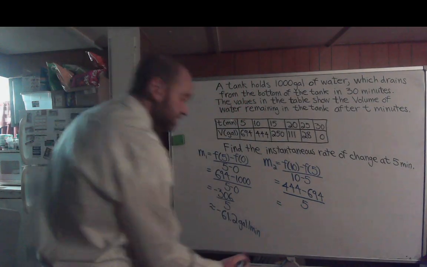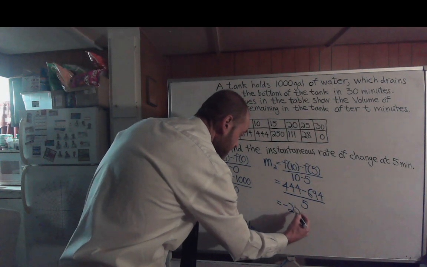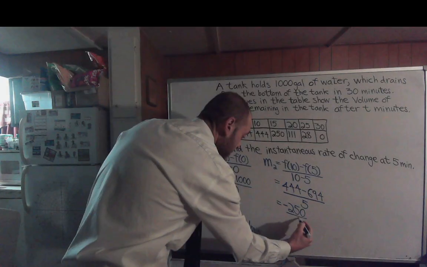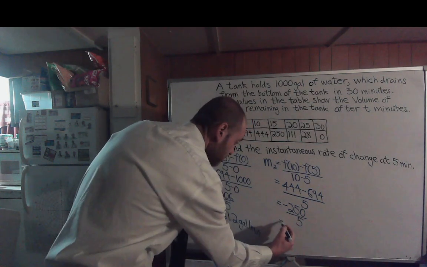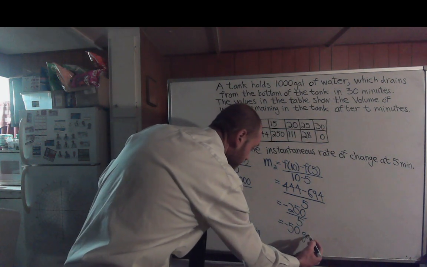That's going to give you negative 250 divided by 5, which gives you a rate of exactly negative 50 gallons per minute.